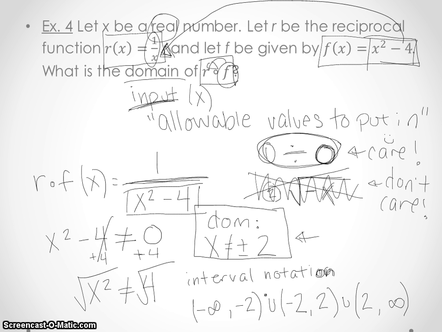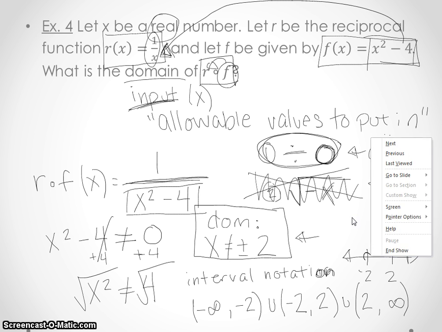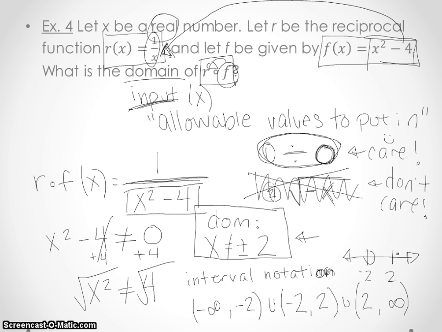Alright, so we actually got 3 different things. And if you look at it on a number line, we have negative 2, we have positive 2. We're not allowed to be either of those, so we put open dots on those. But we're allowed to be anything in between, and we're allowed to be anything to the left of it, and anything to the right of it. So that's what these 3 intervals represent. This is all the stuff to the left of negative 2, this is all the stuff in between, and this is all the stuff to the right of positive 2.